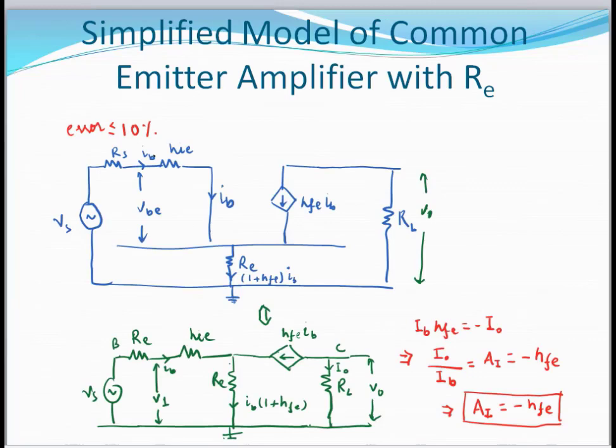We can see this in the diagram: this is V1 and IB. So we can write V1 is equal to HIE into IB plus this voltage drop, that is RE IB (1 plus HFE).